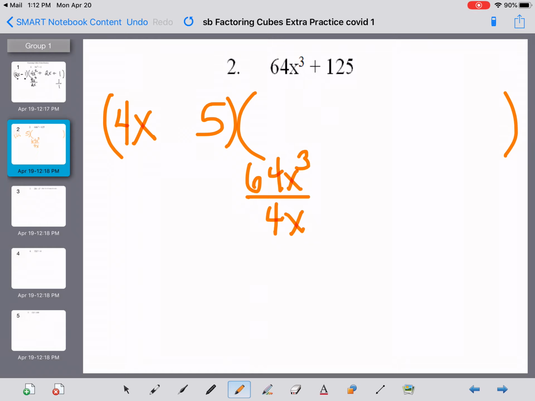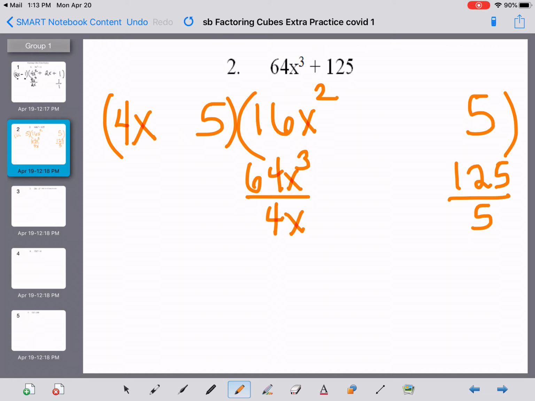Well, 64 divided by 4 is 16. X cubed divided by x, we had 3 x's, we took out 1, we've got 2. Over here, we're going to take 125 divided by 5, which is 5. And then to get that middle term, we're going to take 4x times 5. 4 times 5 is 20x.